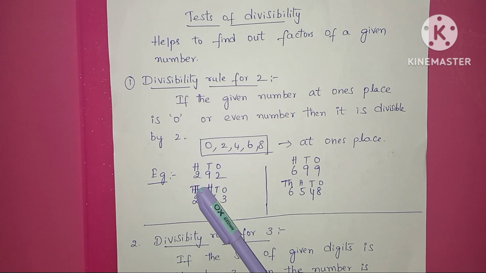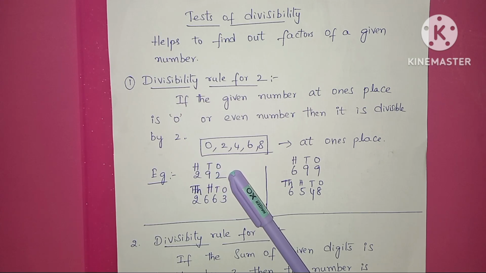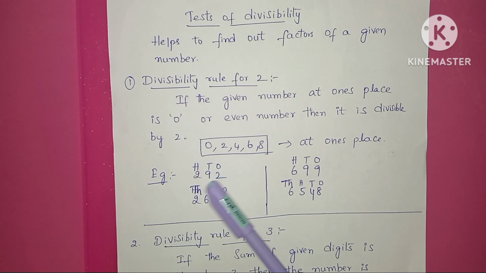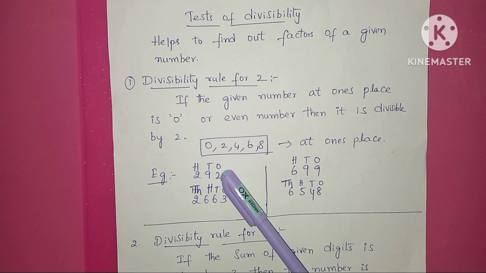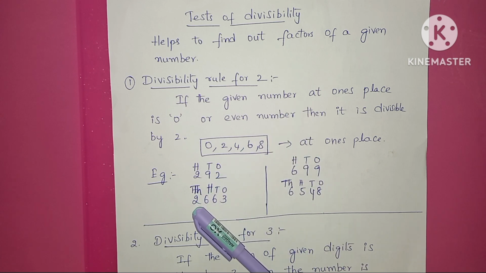Taking the first example, 292, the ones place is 2. Without doing a big division by 2, which would take so much time, by looking at the ones place, that is 2, we can decide it is divisible by 2.